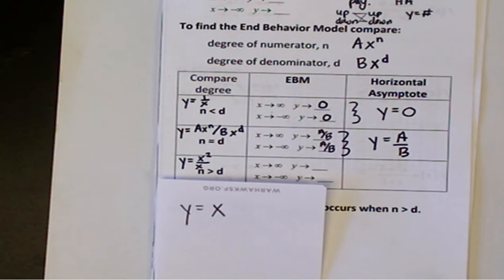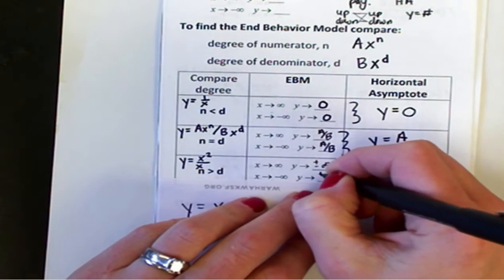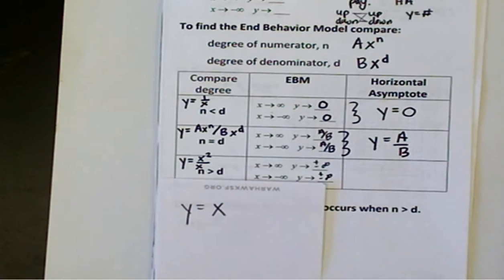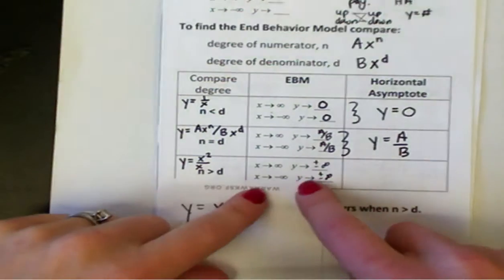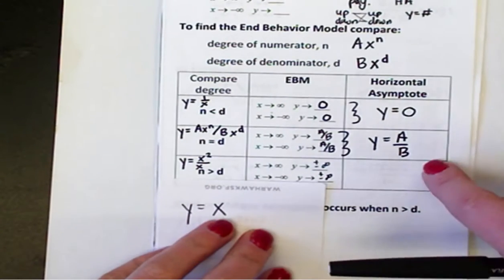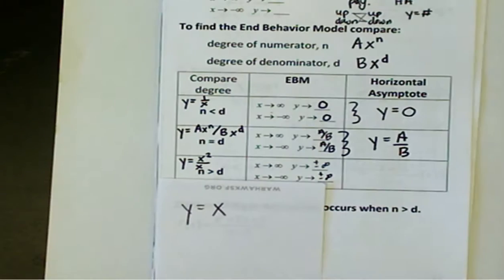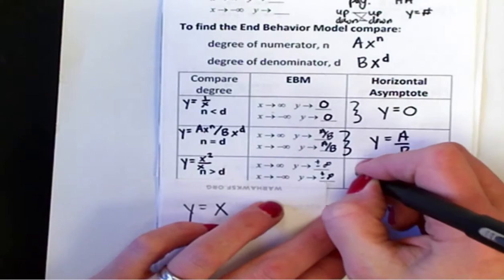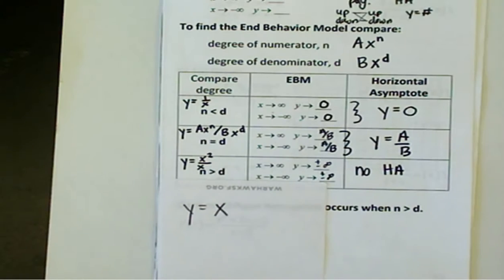That means it's the same end behavior, which means it's going to be the infinities. Well, infinity is not a number. Guess what? That's the slant. It's not a horizontal line anymore. It's a diagonal line, right? I have to point at infinity instead of the horizontal line. So this is no horizontal asymptote.